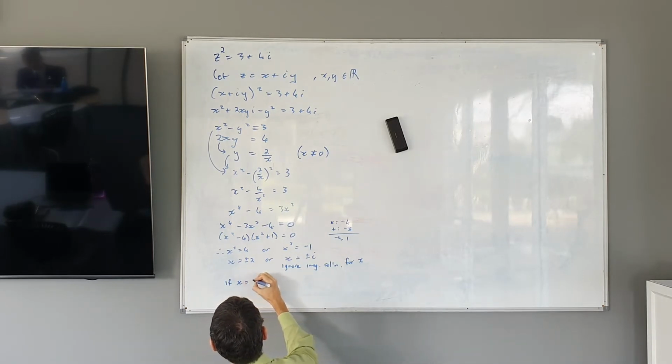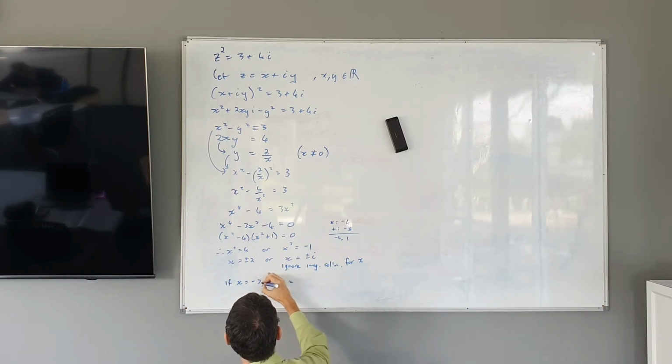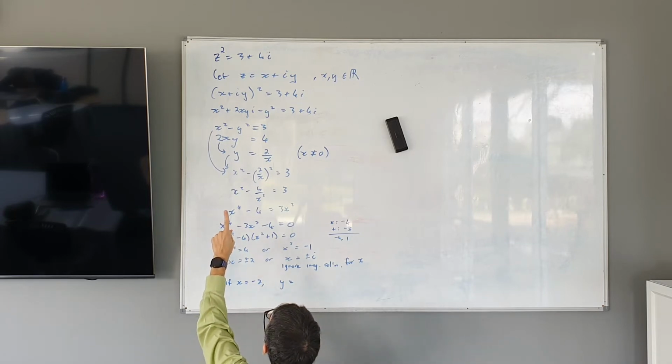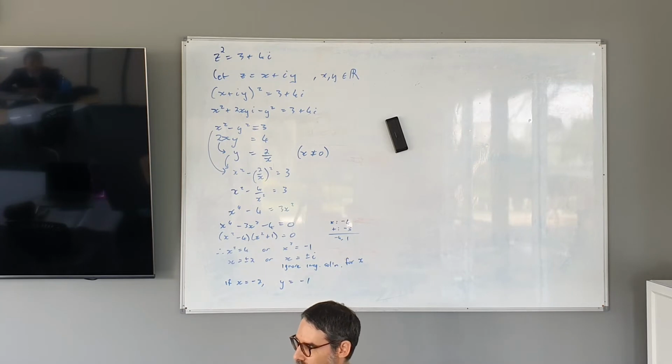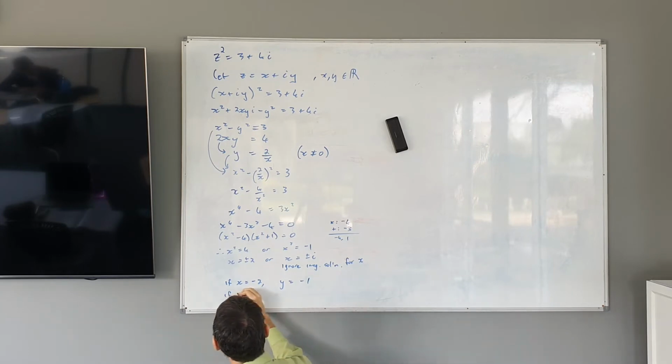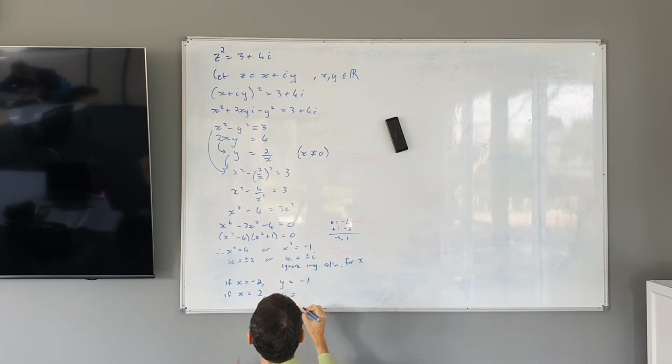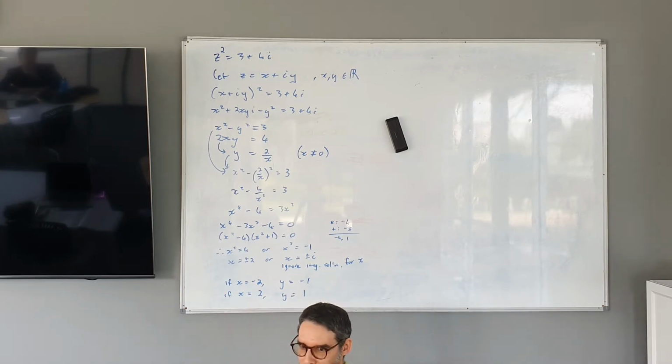If x is negative 2, then what's y? It is 2 over that, negative 1. If x is positive 2, then y is 2 over 2, positive 1.